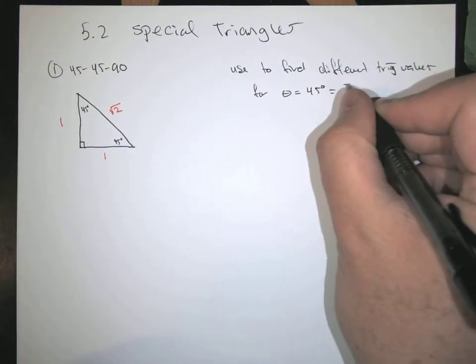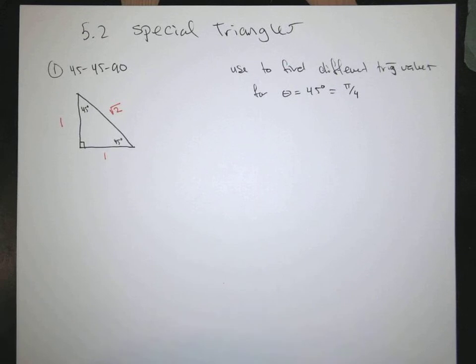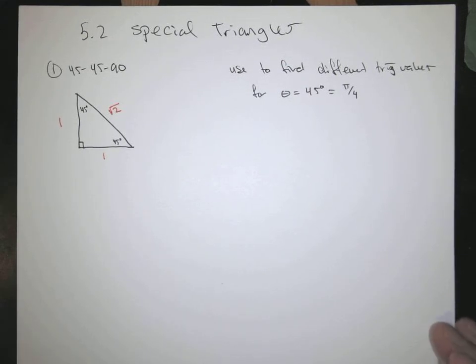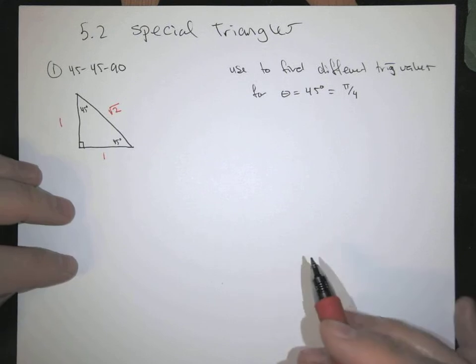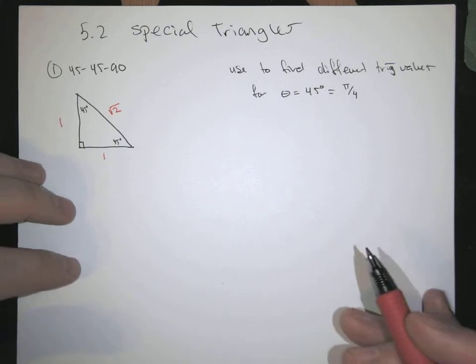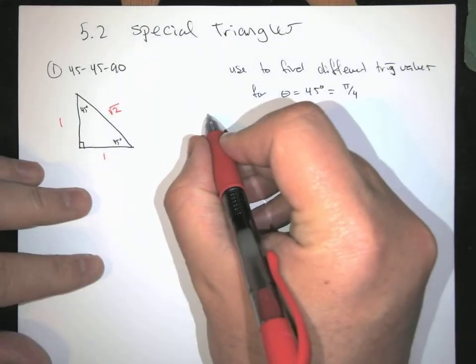In radians, if you did a quick conversion, that would be pi over 4. So we can just do this based on this sketch. If we can quickly make this sketch, or if we have it in our notes somewhere as a reference, we can leverage that and find all sorts of trig values. I won't necessarily do all 6, but let's do a handful of them. Well, I don't know, we'll see how long it takes. Maybe I'll do all 6. Who's to say? But let's start at the beginning.